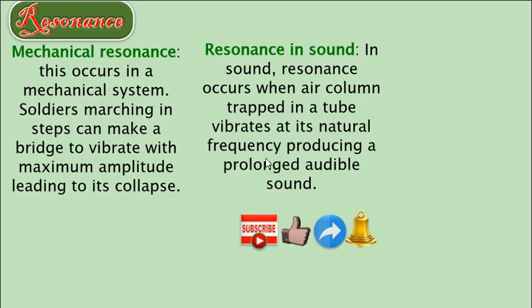That is also a mechanical resonance. Also, you have sound resonance that happens in air, which makes the air column vibrate at the maximum amplitude. That happens in what we call musical instruments that use air to work. So that gives us resonance in sound.